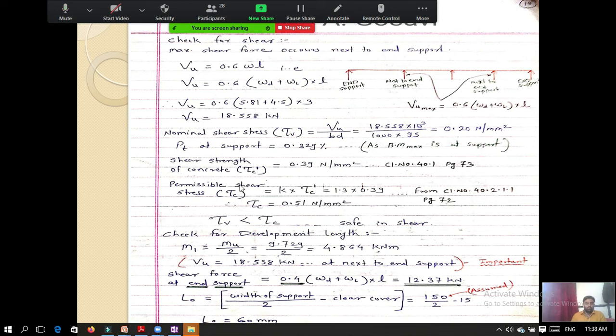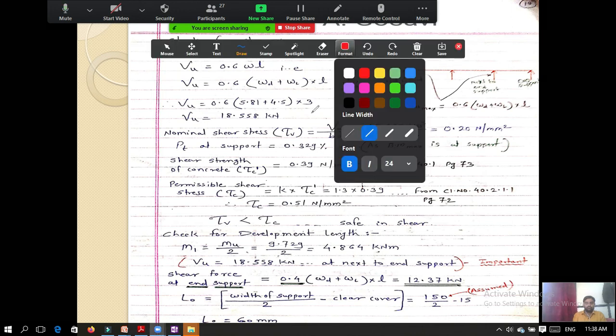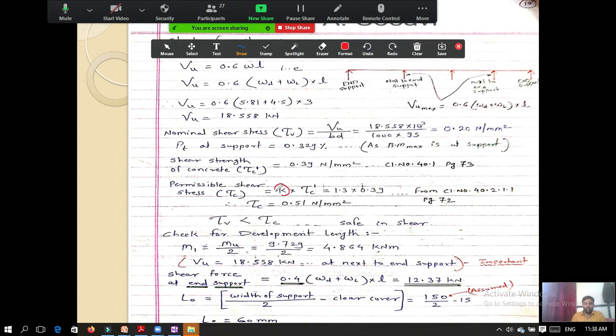Now, permissible shear stress tau c is equal to k into tau c dash, and we have already seen in the last example also, I have shown you that this value of k is 1.3 for solid slab, which is having depth less than 150 mm. So for this lesser depth, we should take the value of k as 1.3 and tau c dash value is this value. This is the value of tau c dash. This is also given on page number 72.